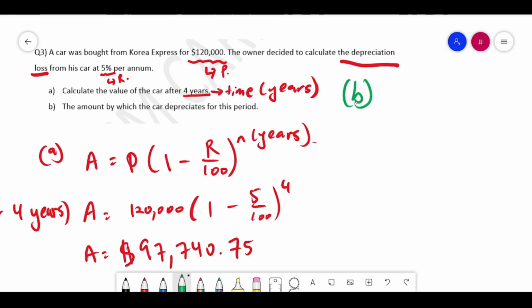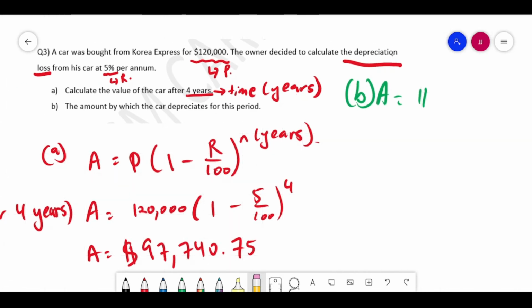For part B, we use a different color. So for part B, the amount by which the car depreciates for this period. They basically want to know what was the difference between the original cost and the new cost. So the amount will be the original cost because they want to know how much it depreciated by.